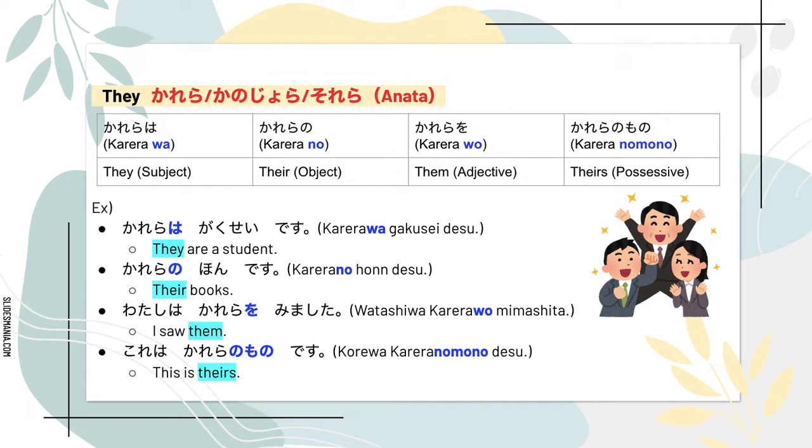The third one says "I saw them." Them is an adjective, so the sentence is going to be 私は彼らを見ました。 The last one says "this is theirs."